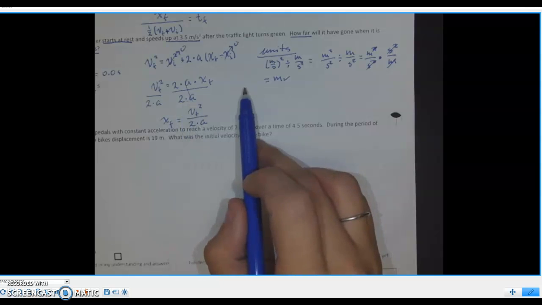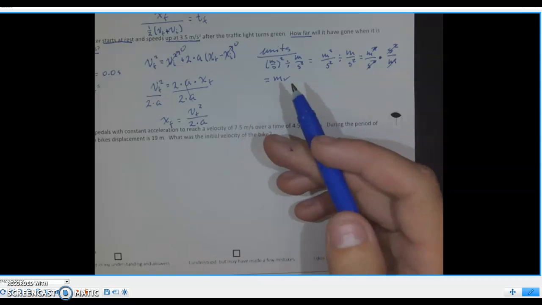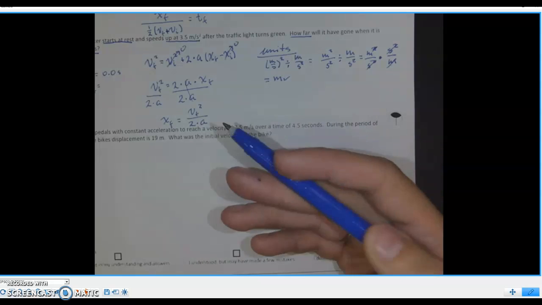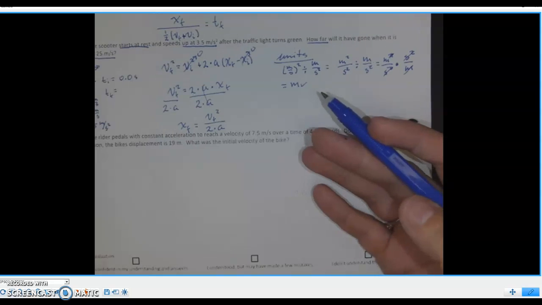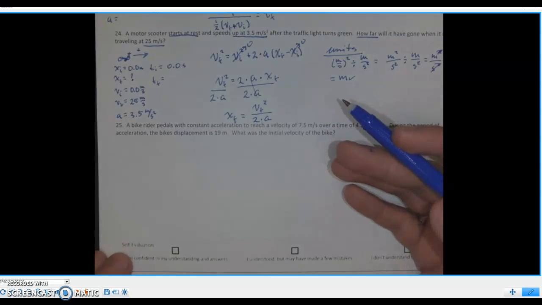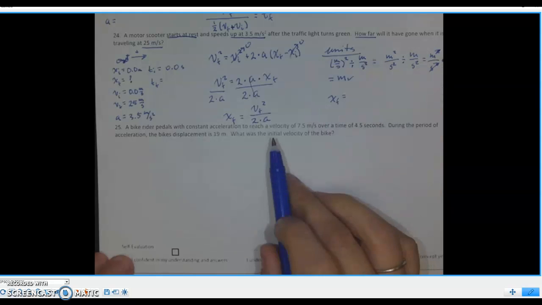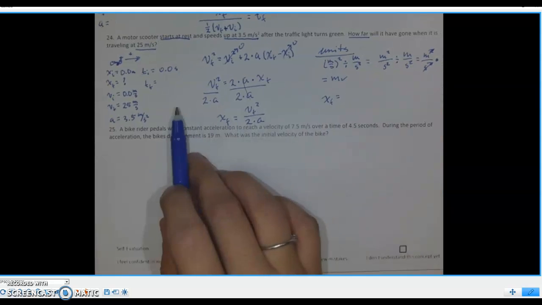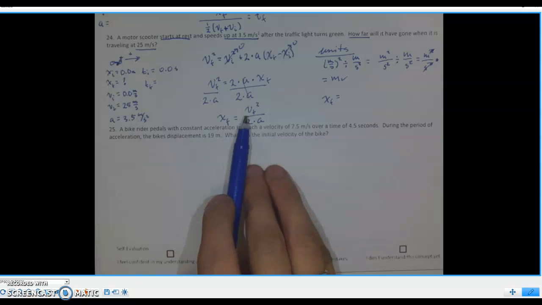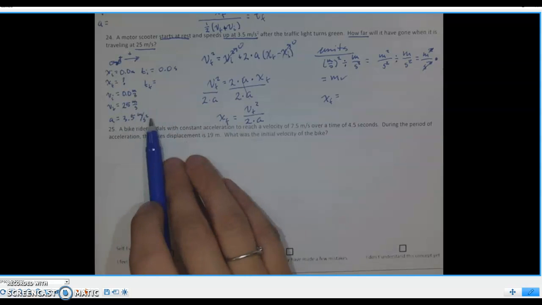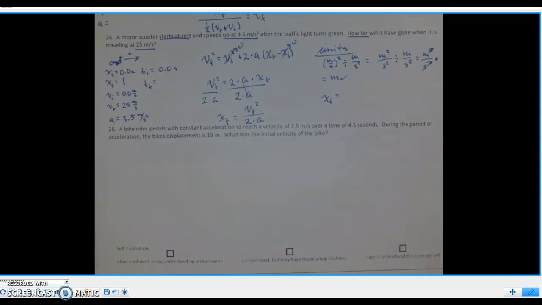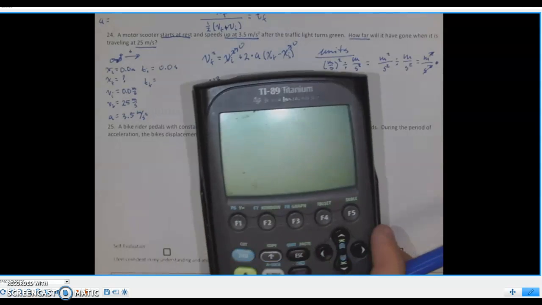So now that I've done a unit analysis, now I'll do a numerical analysis. Since I've made my list of knowns and unknowns, I don't need to rewrite all of them in the equation because I've already communicated what each of these values numerically represents. So I'll plug that in my calculator.